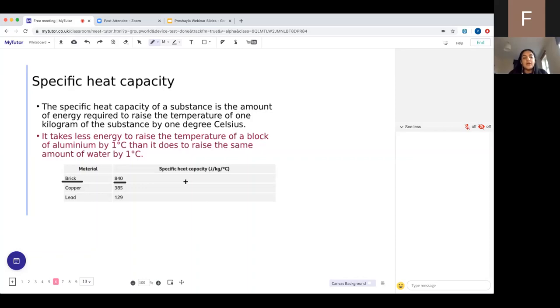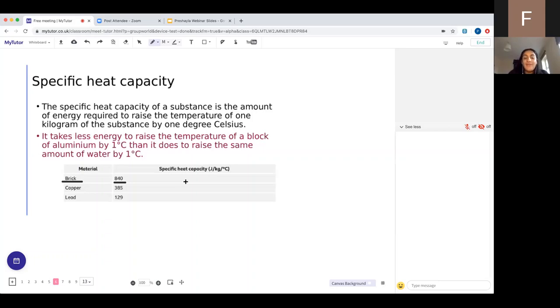Okay, so it takes less energy to raise the temperature of a block of aluminium than it does to raise the same amount of water by the same temperature. So that means that it's easier to raise the temperature of a block of aluminium than it is to raise the temperature of a block of water, or the same amount of water.